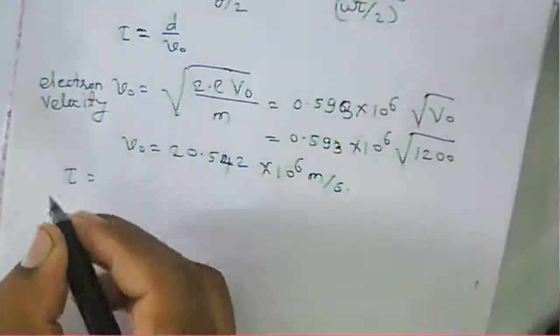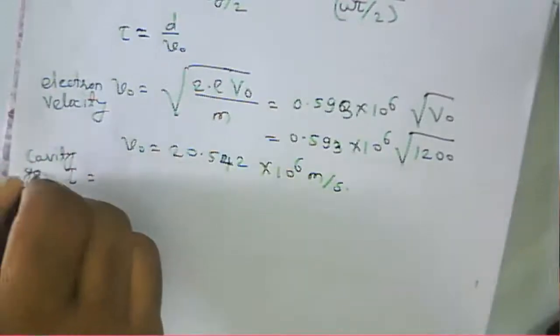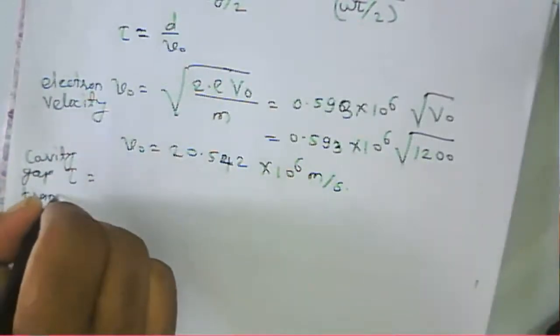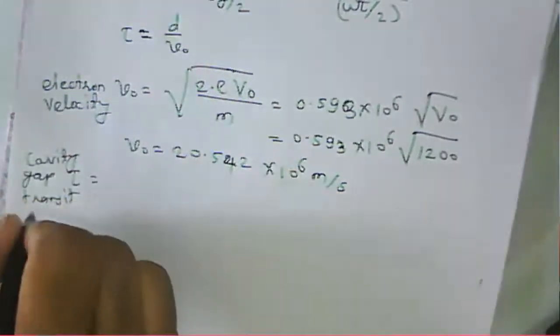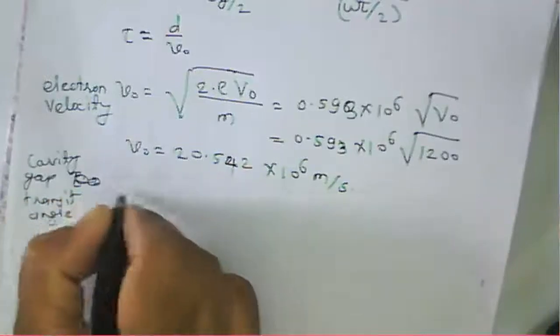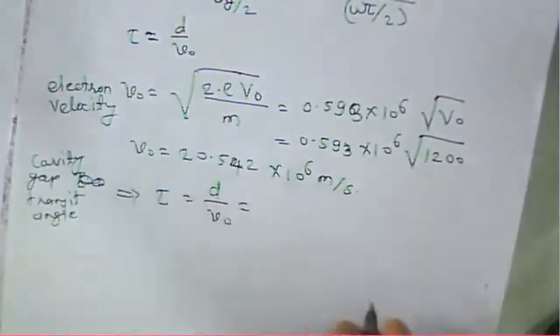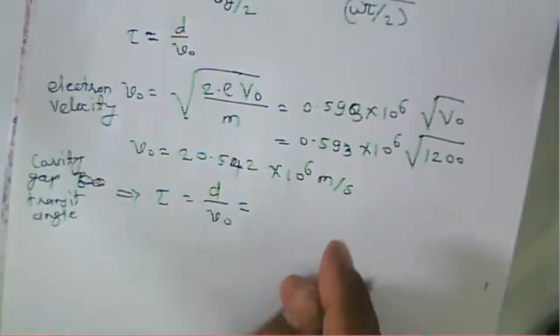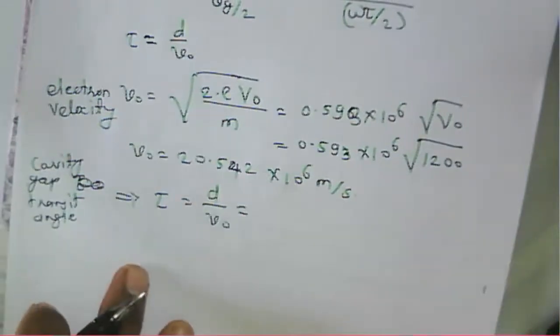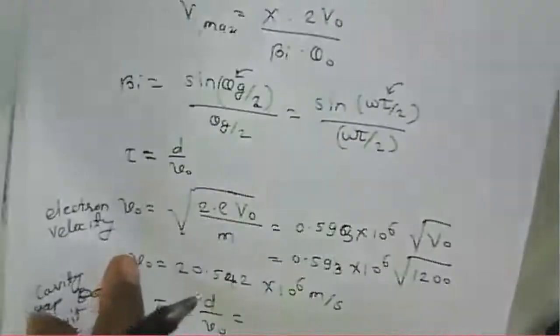Then we find the cavity gap transit angle, that is tau. Tau is equal to d by v. The cavity gap d is given, d is equal to 1 mm.